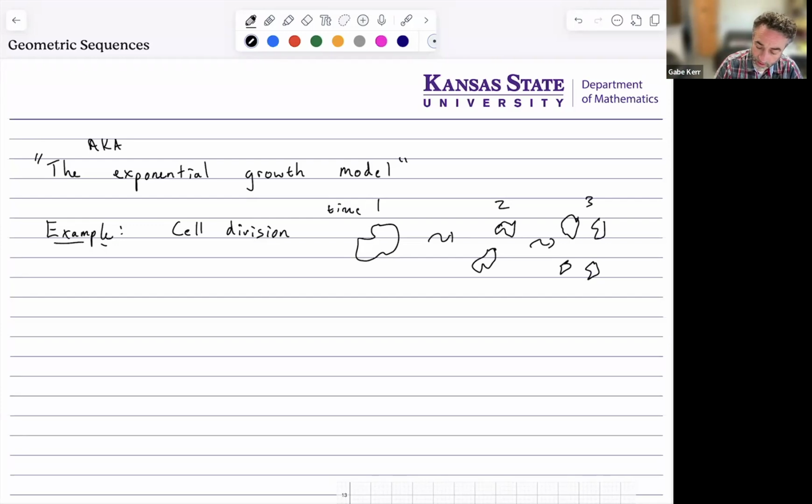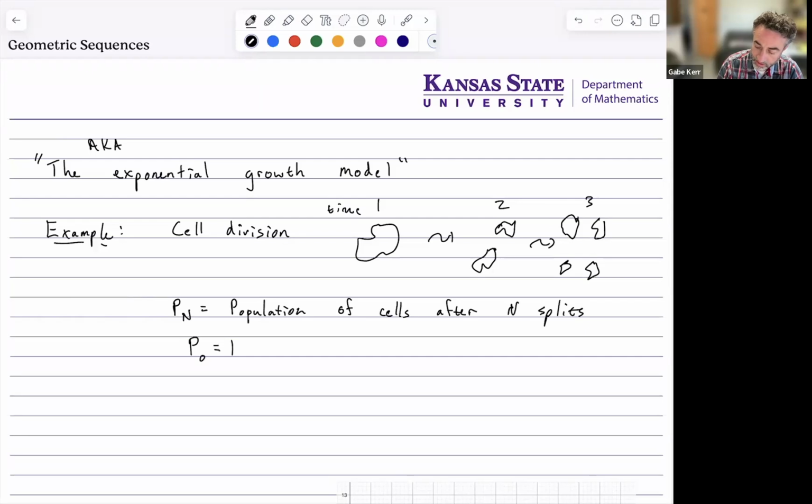So if I imagine this population, P sub n equals the population of cells after n splits. After zero splits, we just had one.